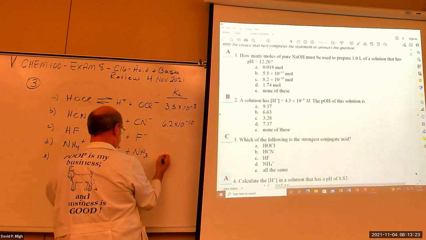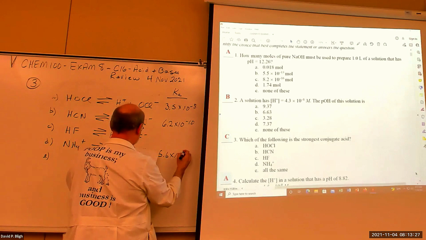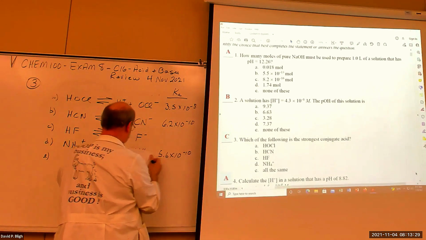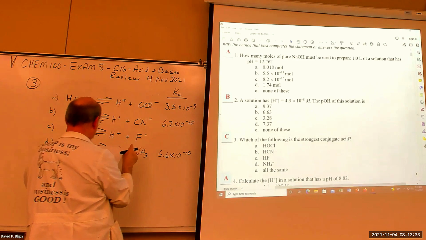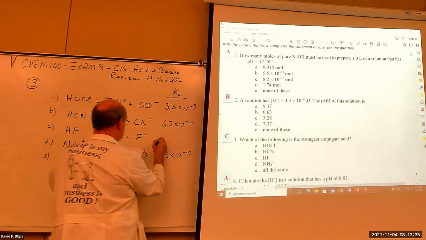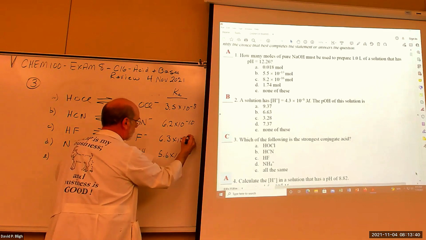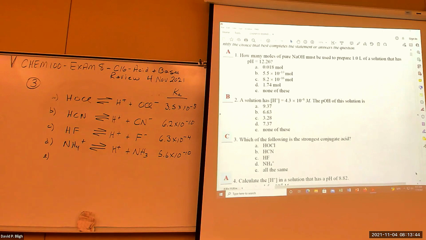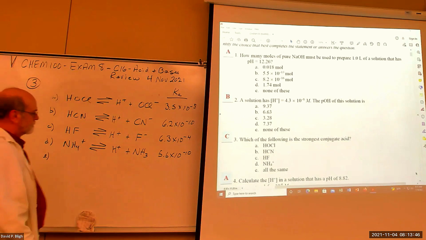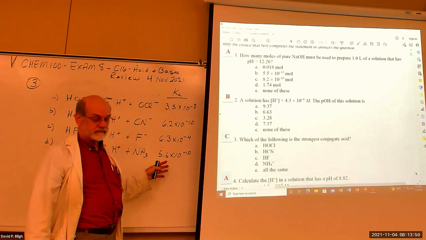This one, ammonium, is 5.6 times 10 to the minus 10. And fluoride, the HF, is 6.3 times 10 to the minus 4. Okay? So that tells us something about their equilibrium. The larger the K value, the stronger the acid.